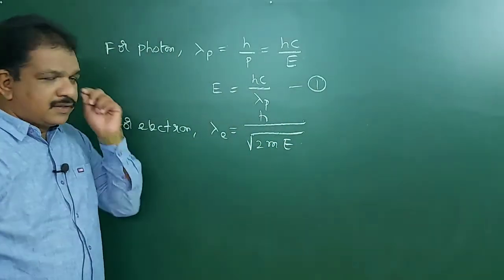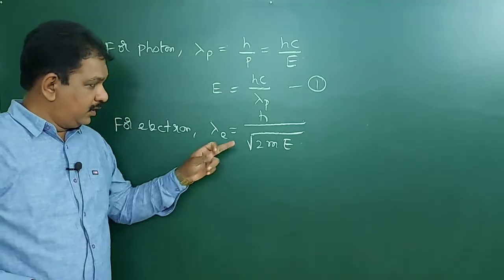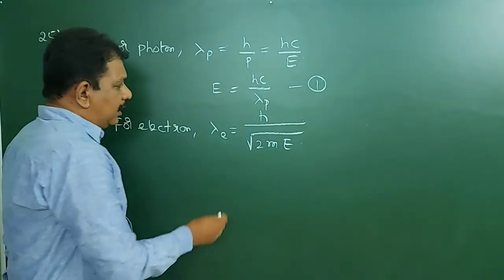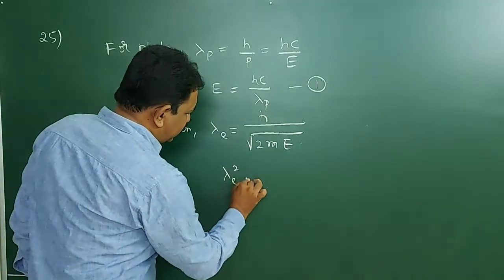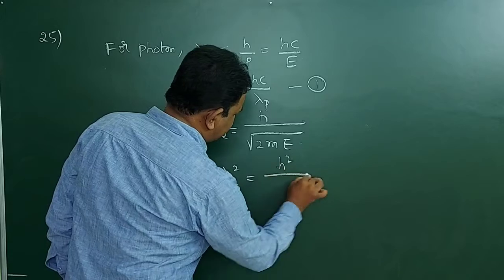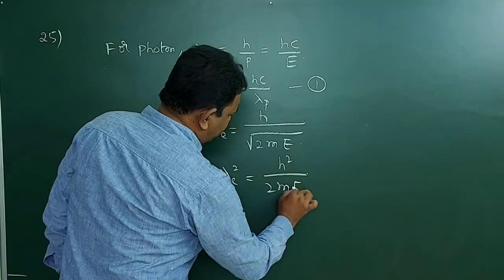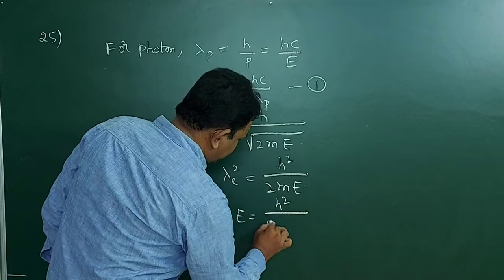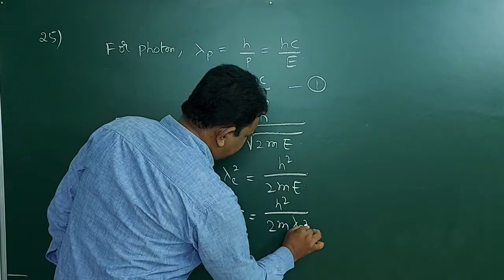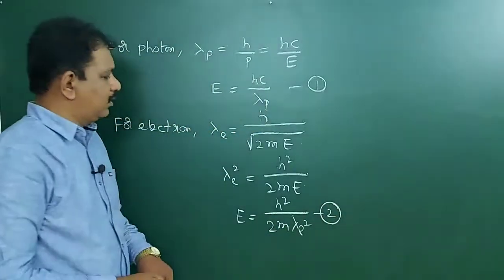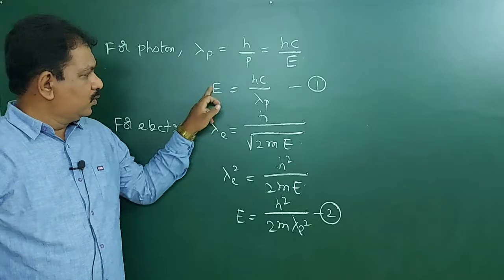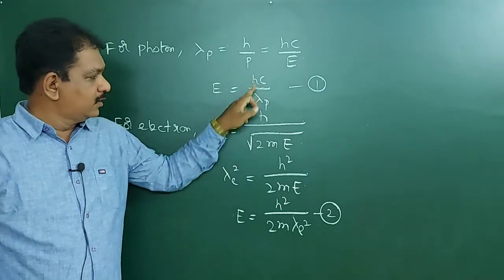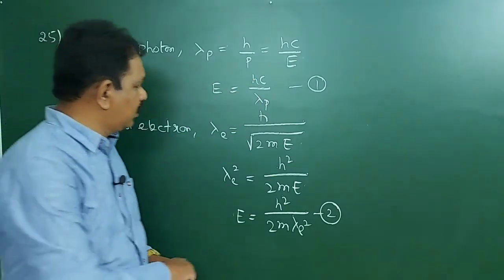Here also, from this, write the E value. Lambda E square is equal to h square by 2mE. E is equal to h square by 2m lambda E square. These two E's are the same, they mentioned, so say these two are equal.